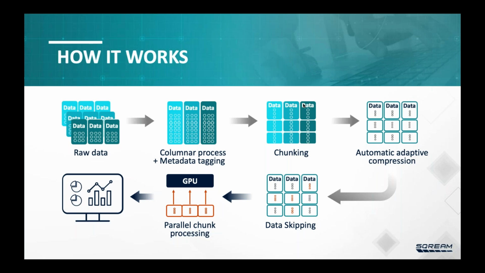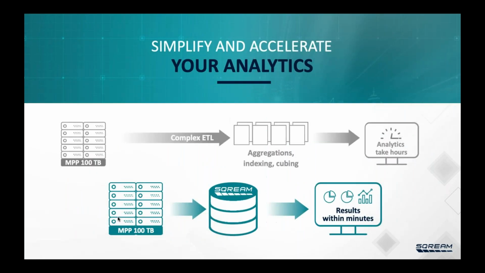When the query comes in, we're able to go exactly where we want, employ all the data skipping routines, and bring up that data to the GPU in parallel. It's compressed. We decompress on the GPU, which is like a free operation. It goes so fast. And then the SQL plan has been turned into relational algebra, and we execute that really fast on the GPU and deliver back the result set to the requester, which could be a BI tool, a program, a command line interface, whatever the SQL tool of choice is.